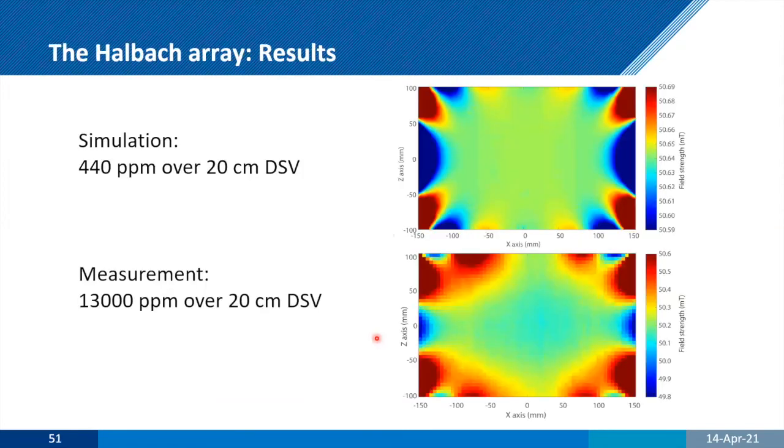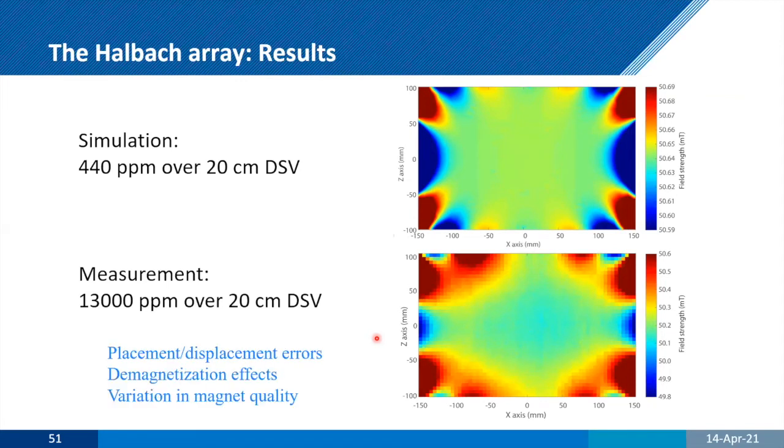The measurements look like the simulation, but in terms of magnitude, the measurements are a lot poorer. And this comes from a number of different causes. So simple displacement errors, maybe some demagnetization effects of magnets being very close to each other. And of course, there is variation in magnet quality. So this was not unexpected. We're quite glad actually to have the general shape there.